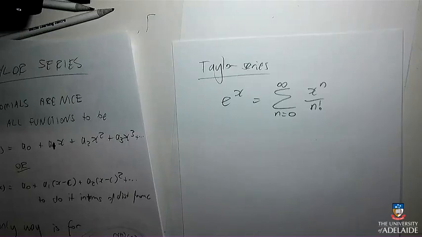It takes longer to get there when x is positive than it does when x is negative. But it works. So this is a Taylor series with centre 0.